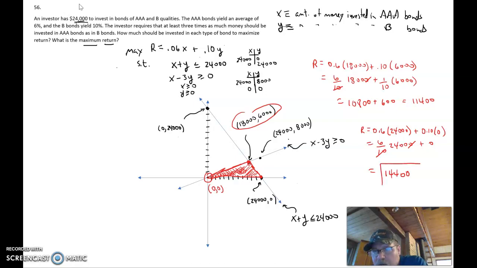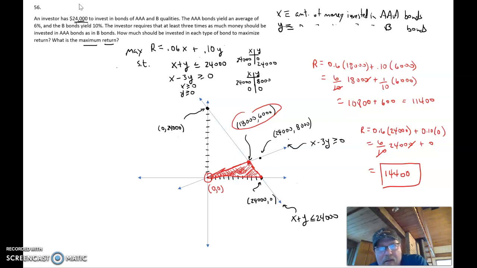Actually, this one wins, and I mentioned this in class. Sometimes it's good to put all your eggs in one basket. Sometimes it's good to make this big investment here. Before we couldn't do that because we had limits. Remember the first problem, the second investment had to be more than 10,000 or something like that. This one had no limits, and in this case, all $24,000 should go in the AAA bonds, which is a little counterintuitive because the AAA bonds only yield 6% and the B bonds yield more.